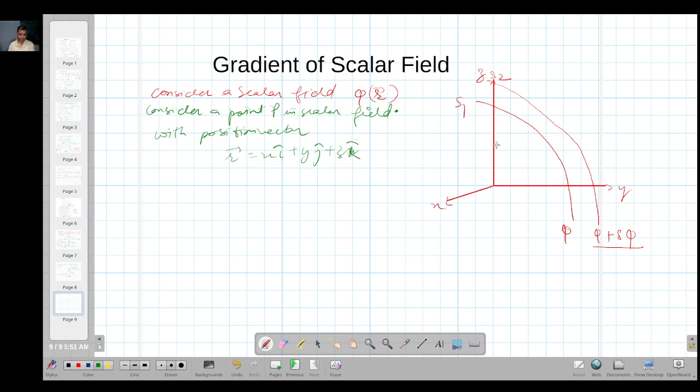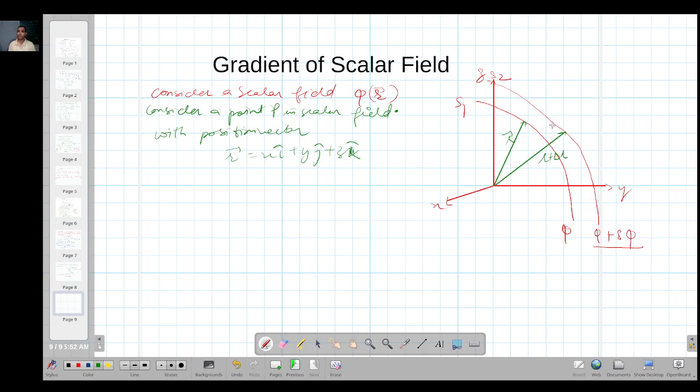So say this is a point P which I am considering. And say I have also considered a nearby point, and let me call it as r plus delta r. So that means this is r vector and this vector is r plus delta r. This is a point over the another surface.